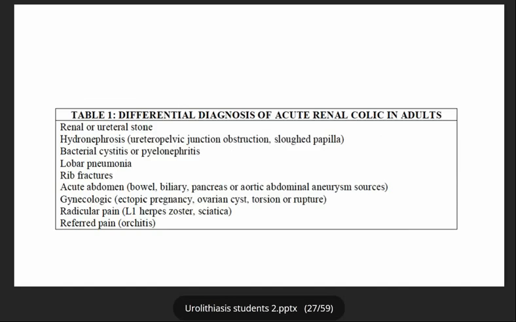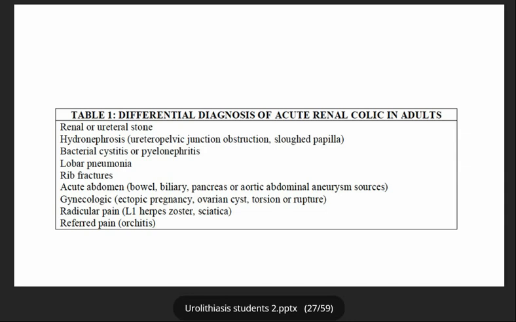So this table is important to know. Any patient coming with acute renal colic or pain in the back, you have to know these differential diagnoses. It can be a renal or ureteric stone. It can be hydronephrosis. It can be pyelonephritis or bacterial cystitis, lobar pneumonia, rib fracture, or any condition that can cause acute abdomen, either in the bowel or pancreas.